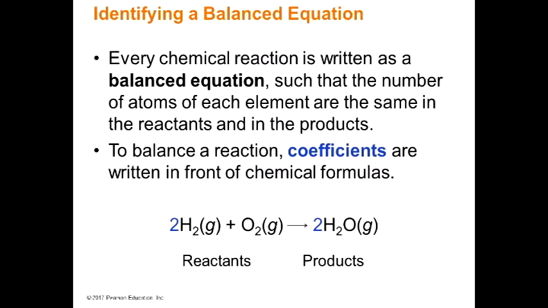Every chemical reaction is written as a balanced equation. It is critical that the first step you do, write this down, put it on a post-it, put it on a stop sign, do something. You must first check to confirm that your reactions are balanced. So before you do any problems, any questions in this class, check to see if they're balanced.